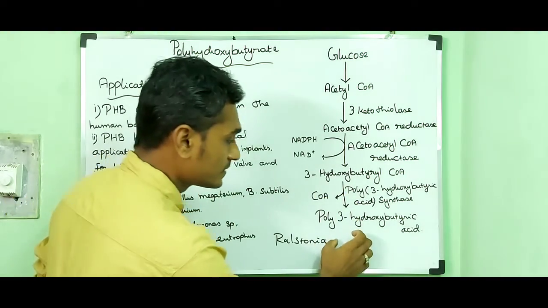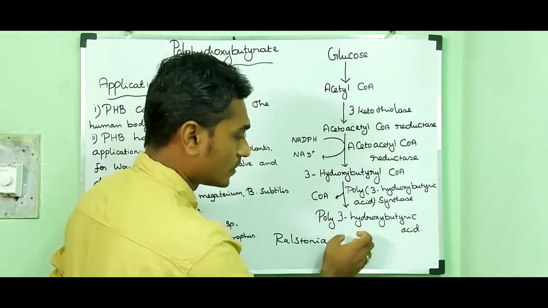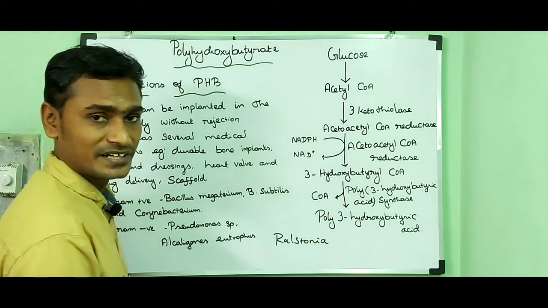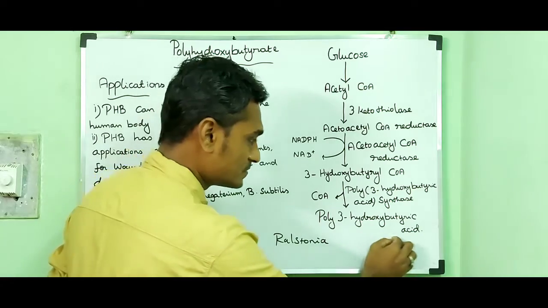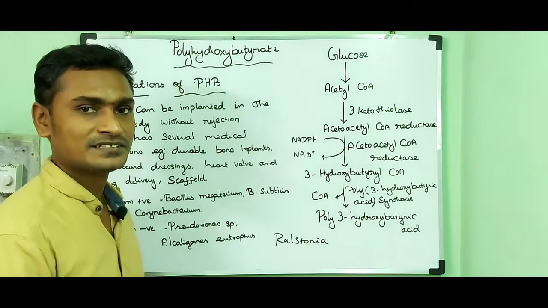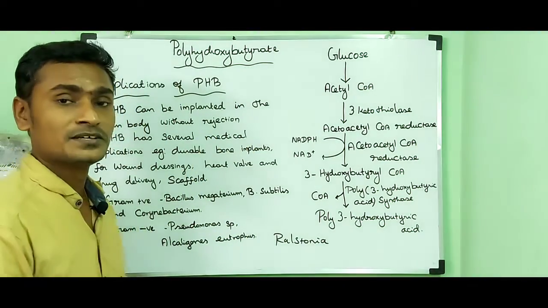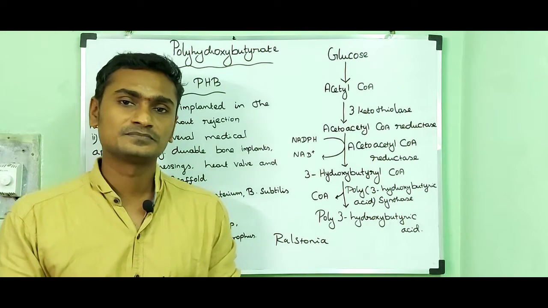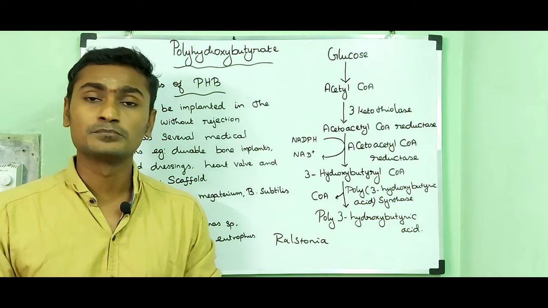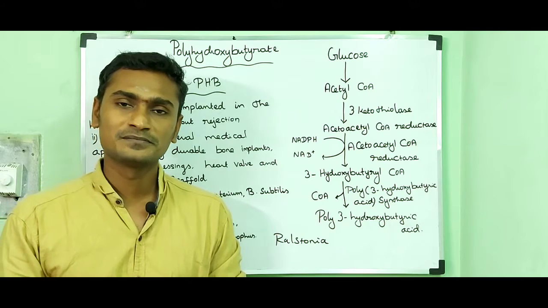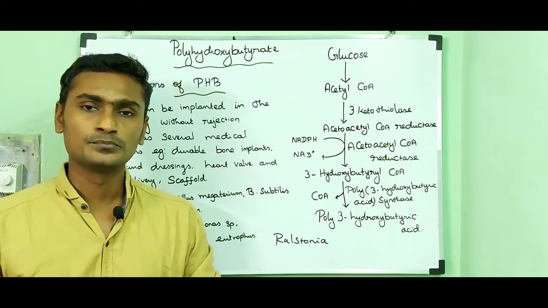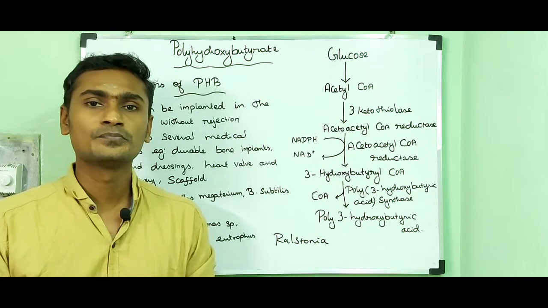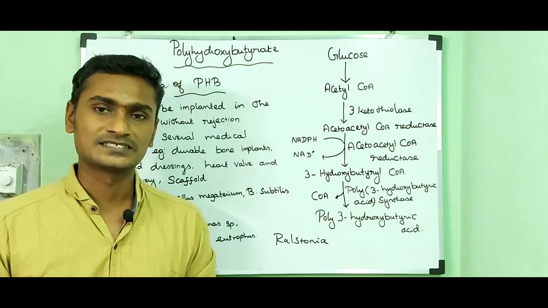Finally, we get the poly chain of hydroxybutyrate. Then this polyhydroxybutyrate is used in biodegradable plastic and biodegradable packaging material. So that's all about polyhydroxybutyrate. Now I am going to tell you about polylactic acid.